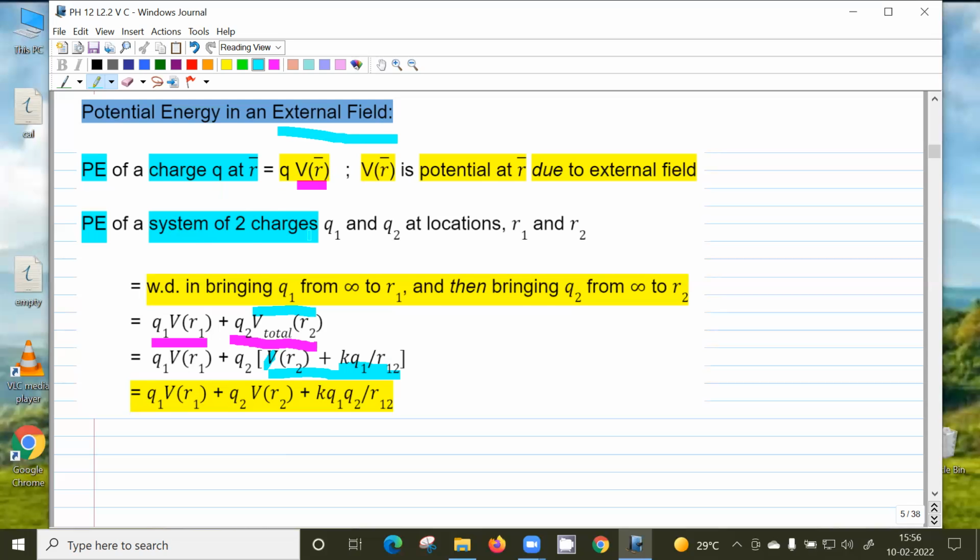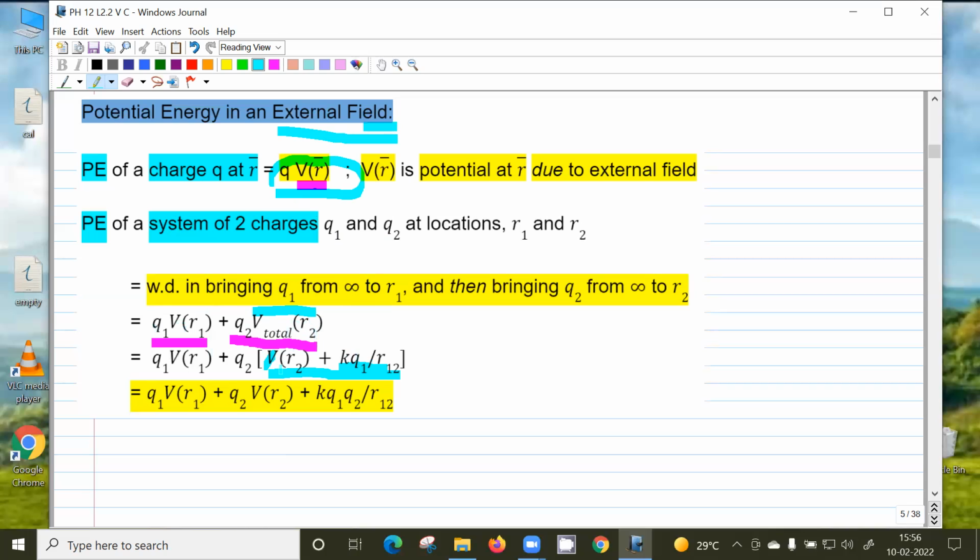Okay, now to bring two charges, for the first charge, the work done is Q1 into V at R1. And the second charge, I have to bring to location R2. So whatever is the potential at R2, I have to take that into account. Potential at R2 is because of two factors. One is because of the external field, and then the contribution of the potential due to the charge Q1.